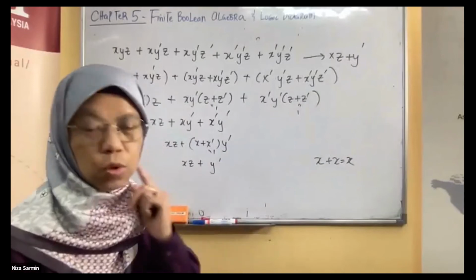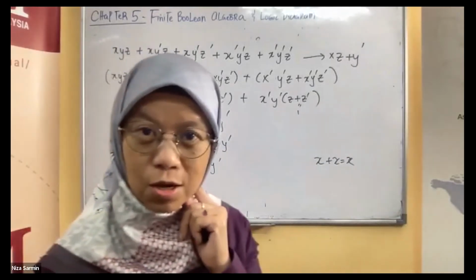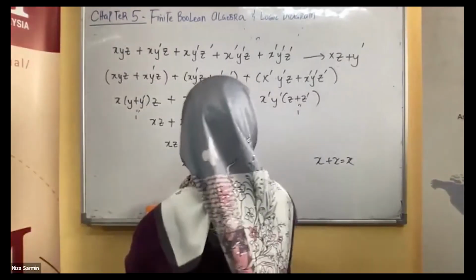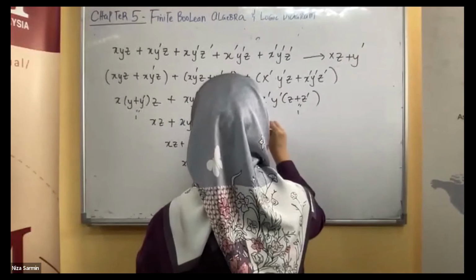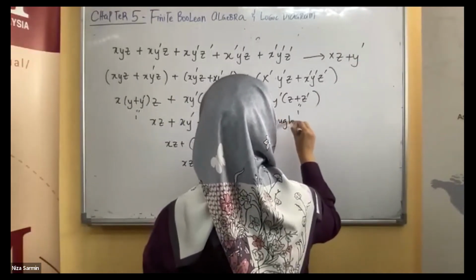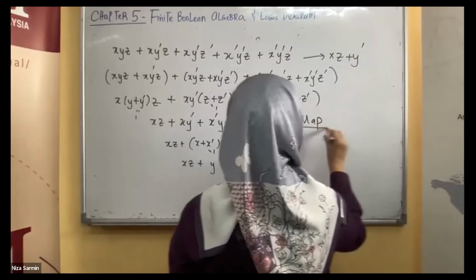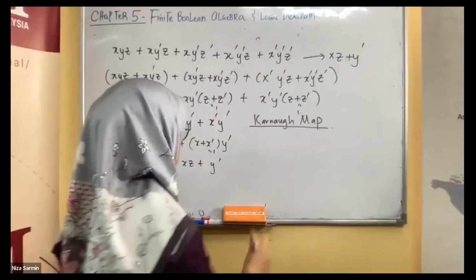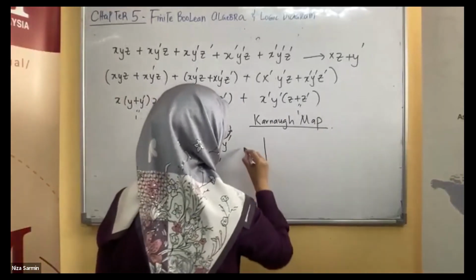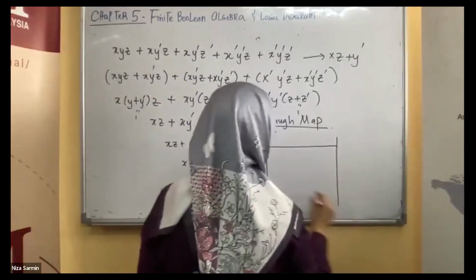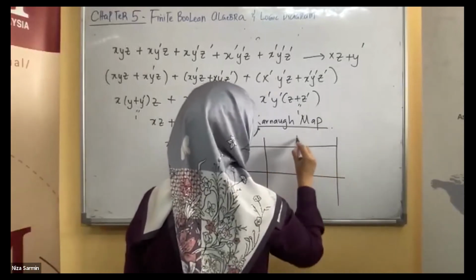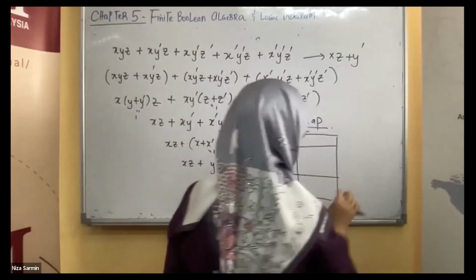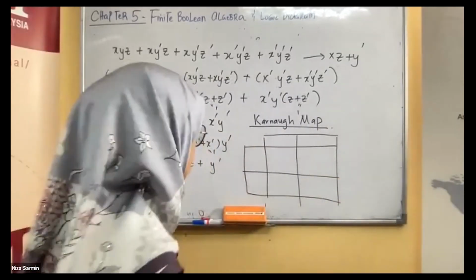Okay, how do I know what to add? This is how we use what we call the Karnaugh map. For the Karnaugh map, the table depends on how you draw the table.